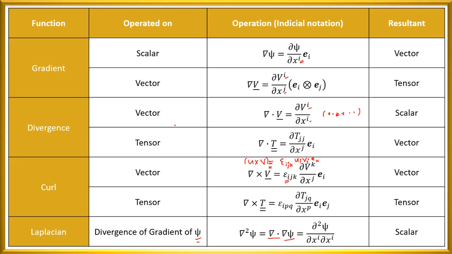But in the case of divergence, if it is acting on a component i, then the partial derivative operator should also be of the index i. Then only we will get a contraction, the delta here. Then only we will get a scalar. Therefore, for solving problems, if it is gradient, take an index which is not the same as the component. But in the case of divergence, take an index which is the same as that of the component.